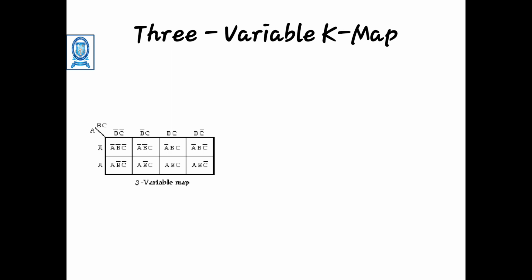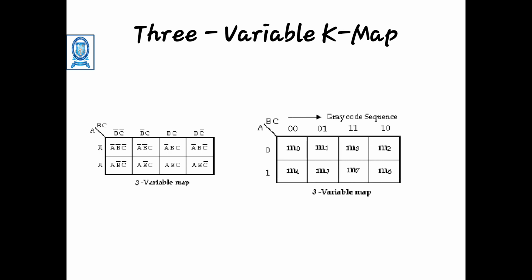So for the 3 variable kmap, the cells should be labelled 0 0, 0 1, 1 1 and 1 0. Here we are considering the variables like this: a on the left side, and b and c on the right side of this gray line.